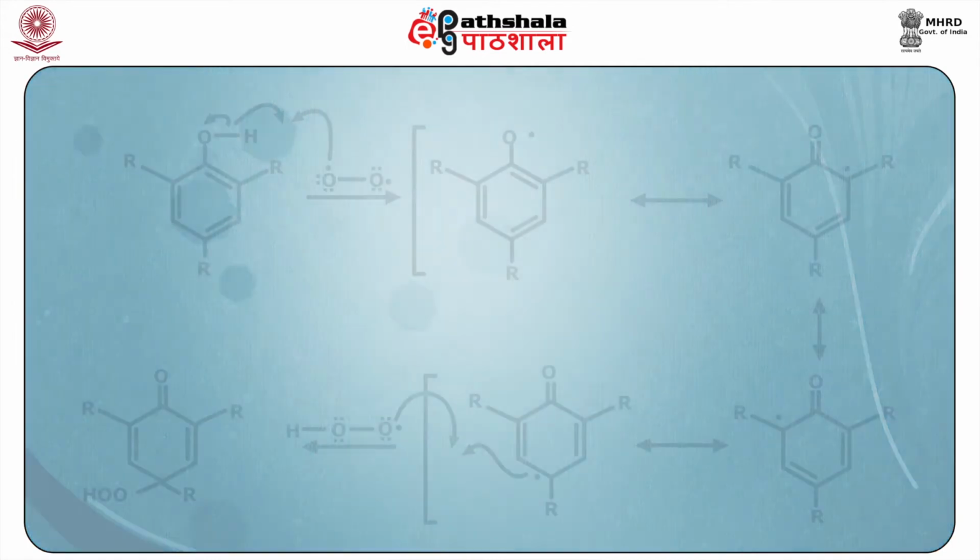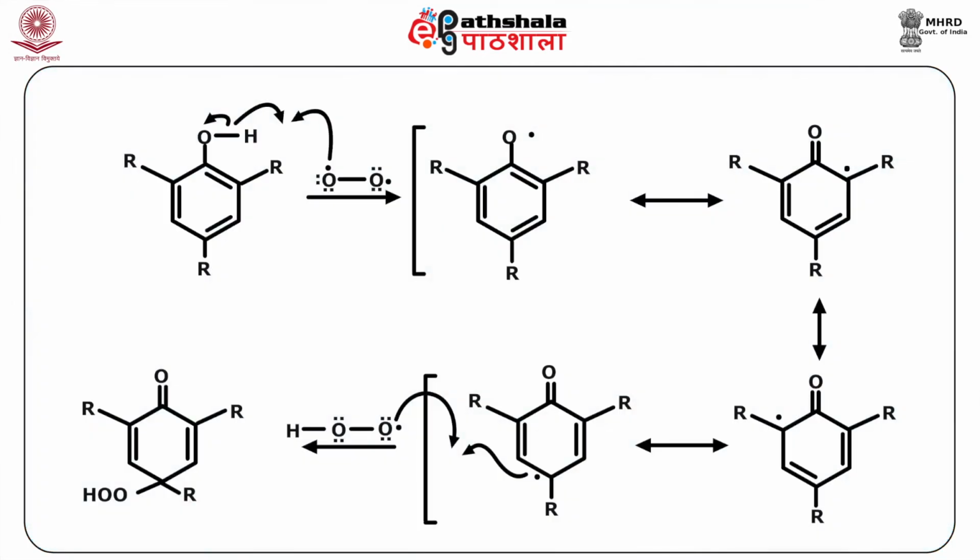These phenoxy radicals then react with hydroperoxide radical to form a dienone. The structures below are generalized for both BHA and BHT, as the mechanism of both is identical, and as a result of this they tend to behave like an antioxidant.